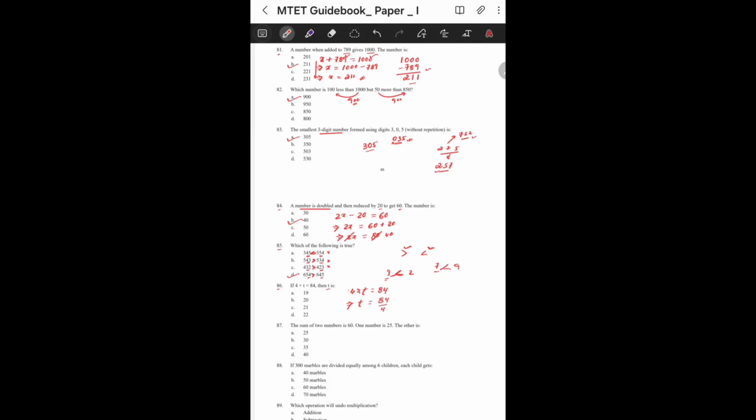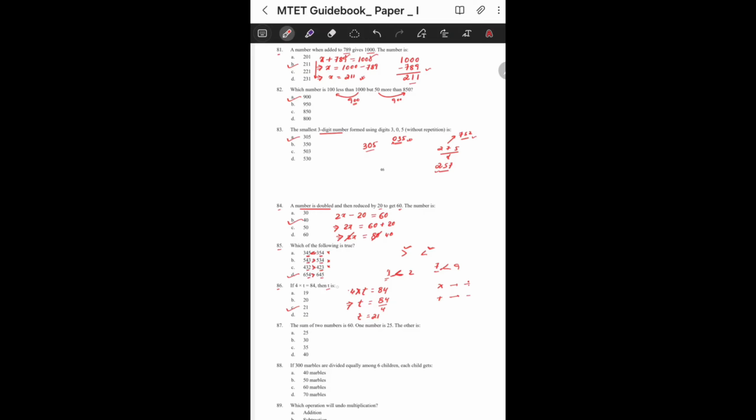As we know that if it is multiplied on the left side and we send the value to the right side, multiplication will become division. So if you divide, t is equal to how much? 8 divided by 4 will be 2 times, and 4 by 4 will be 1 time. That means option C is your correct option here.